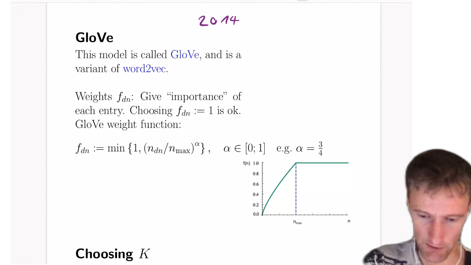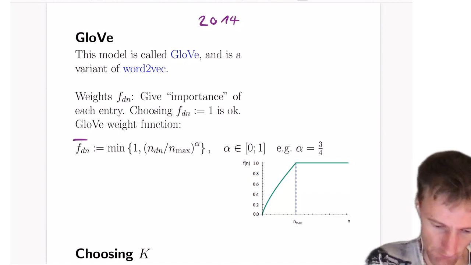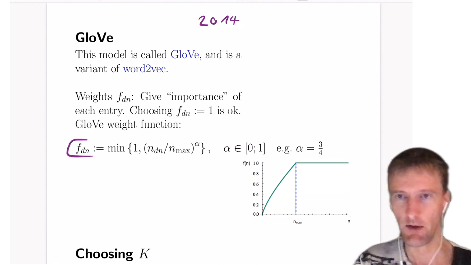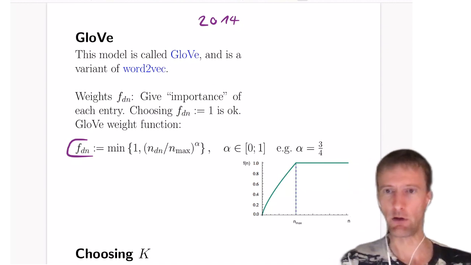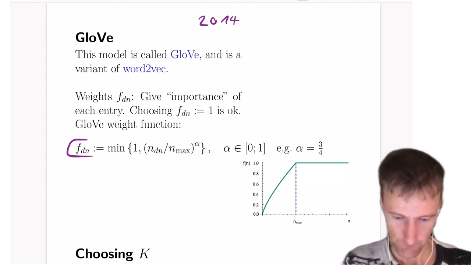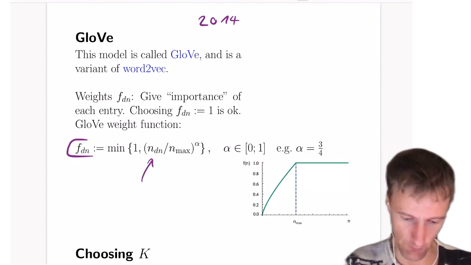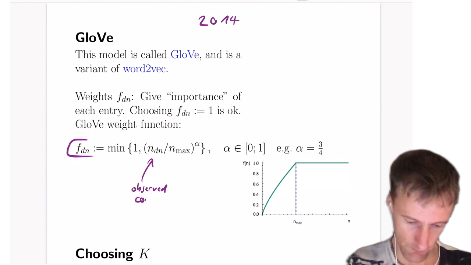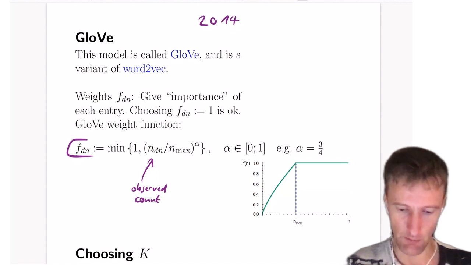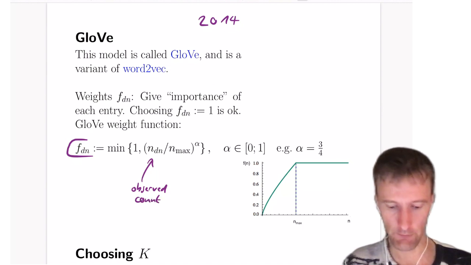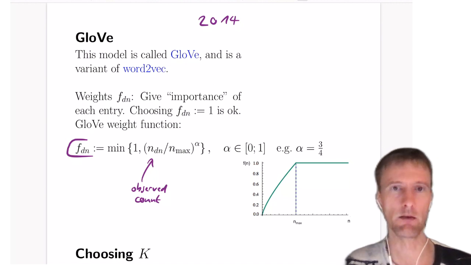Okay, so what are these weights? Again, I don't want to make a huge story about it, but people choose it in a particular way. So here is your observed count: how many times have the two words D and N been appearing together?